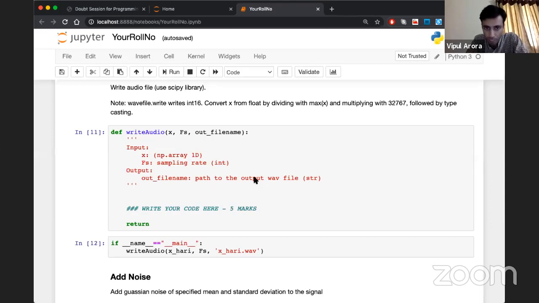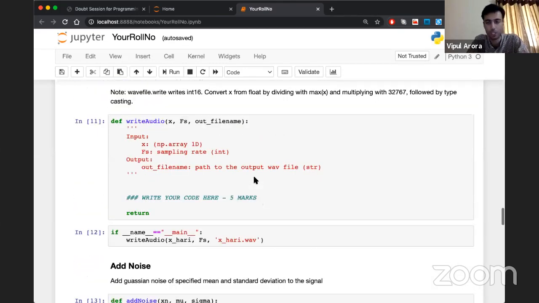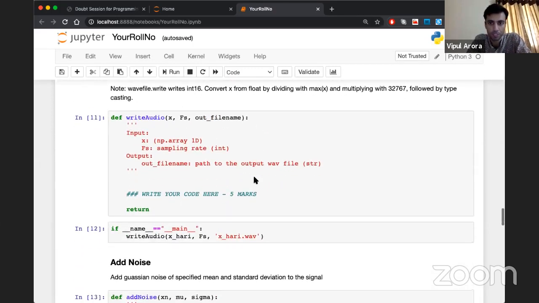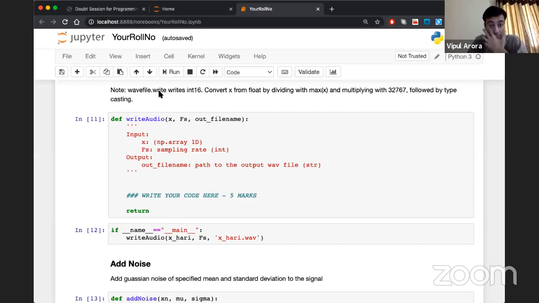Now, after adding noise, if you know how to write the sound after adding noise also, you can write it. Okay. So I have written here, wavfile.write writes int16, and you have to convert x from float by dividing with max x and multiplying. So basically, some scaling, etc., has to be done.